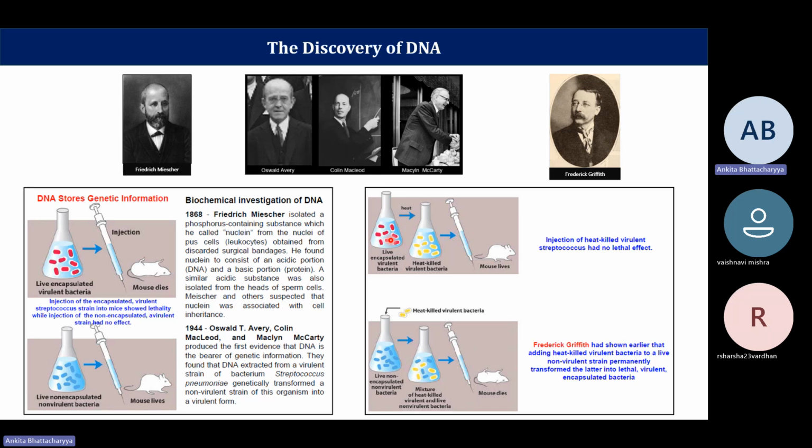Next came Avery, MacLeod and McCarty's experiment, where they injected the pathogenic bacteria, where they observed that non-pathogenic bacteria can be transformed by the genetic material of pathogenic bacteria. So disease-causing bacteria obviously causes disease.